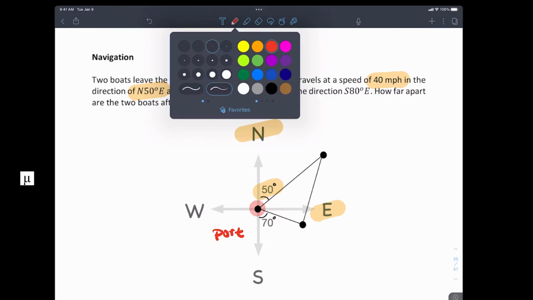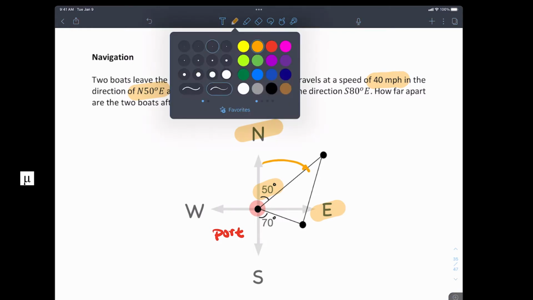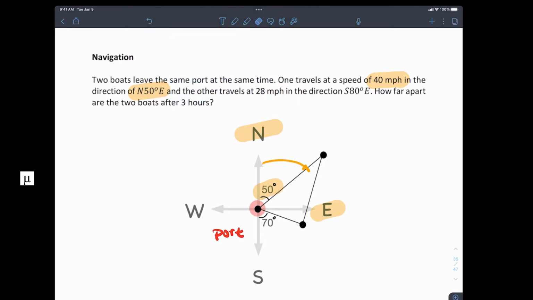So this means that this angle, and I use blue, I'm not used to using that, it means this angle is going to be what? 50 degrees.